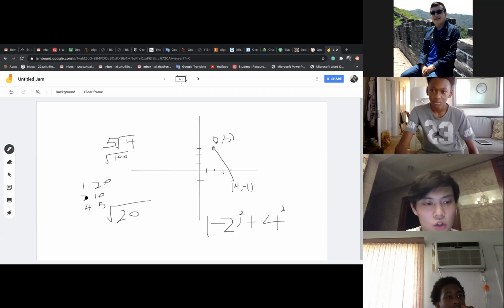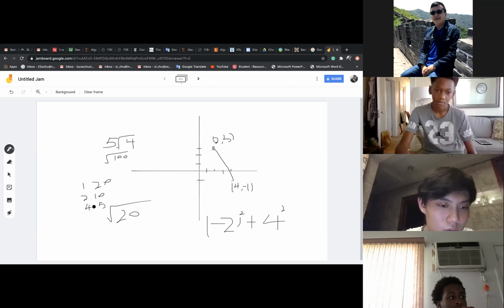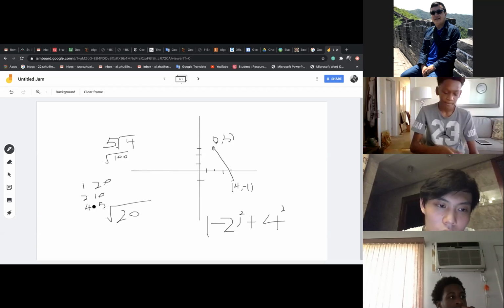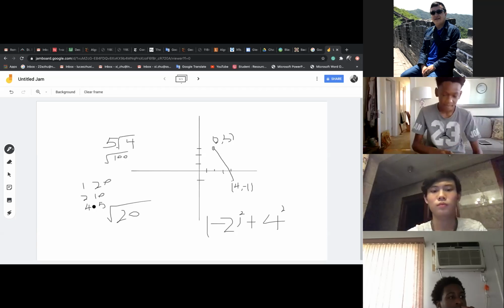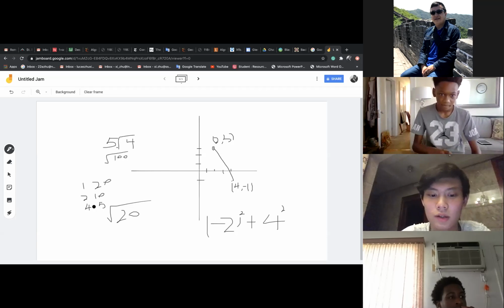It has to be a squared number. Can 2 get a squared number, or can 10 get a squared number? They can only times 1, right? So you cannot get a perfect square. But do 4 or 5 have a perfect square? Which one has?